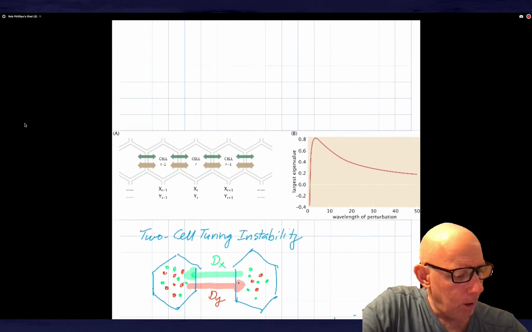So what I'm going to show you here, the plot, is the largest eigenvalue plotted as a function of dy, given dx equals 0.5.